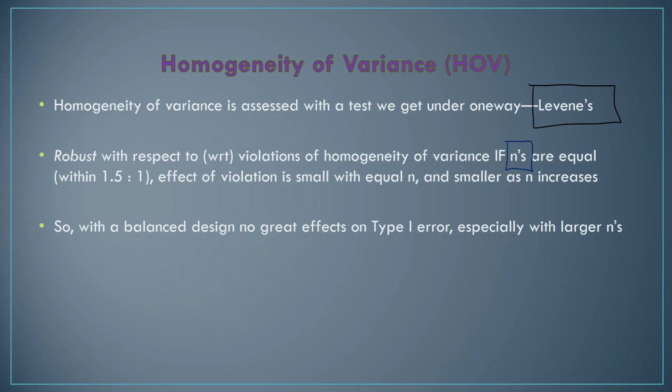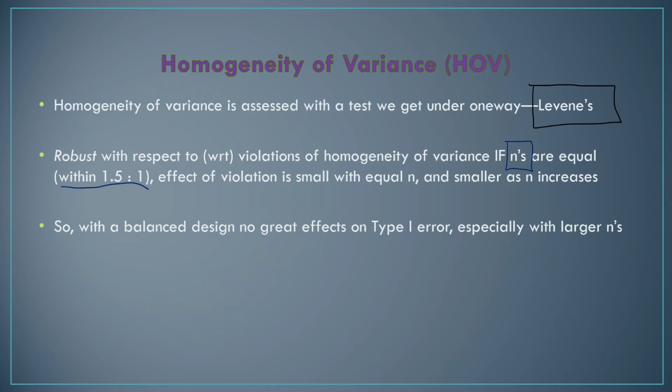And so you do not want to have any more than like a 1.5 to 1 ratio of the sample sizes across your groups. The other thing is when you have a larger sample size, both within your groups and for the group as a whole, then you're less likely to have this violation of homogeneity of variance.